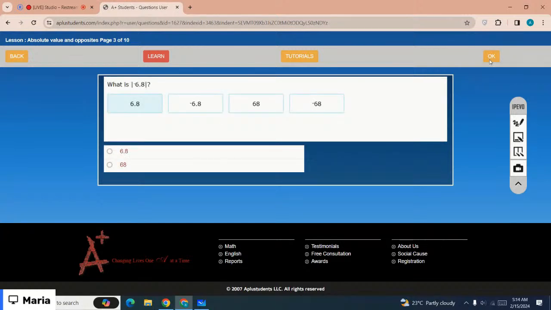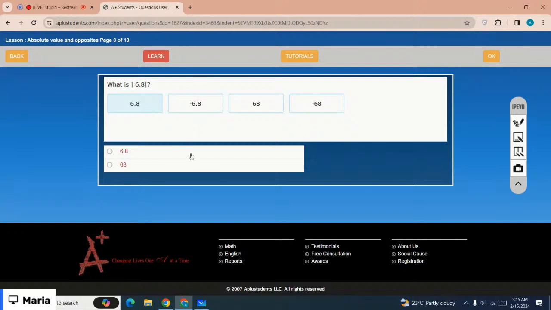The next one is, what is the absolute value of negative 6.8? So which is the correct option? The correct option is, absolute values are always the positive values.